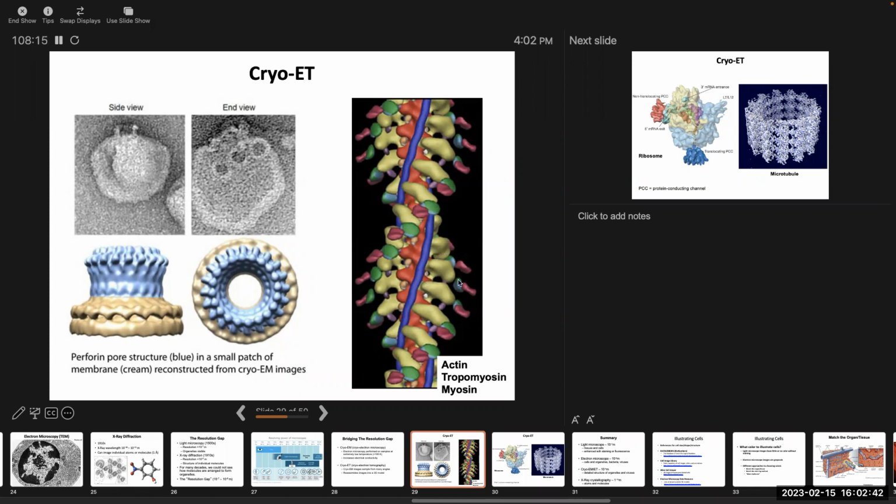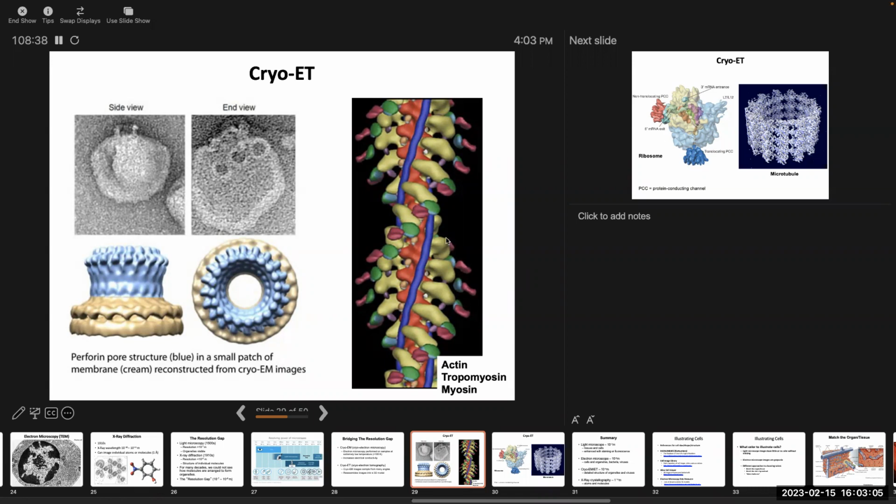And then all the other colored things, the yellow, the turquoise blue, the magenta, purplish color, those represent different parts of the myosin molecule, which are the flexible heads, the myosin heads, the things that actually flex to create a muscle contraction.